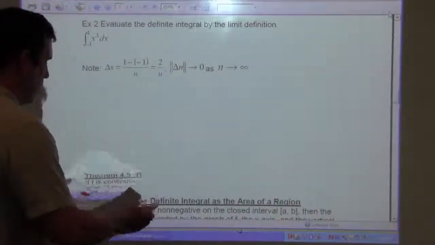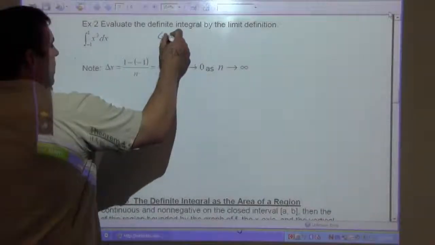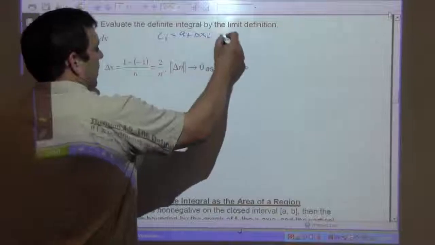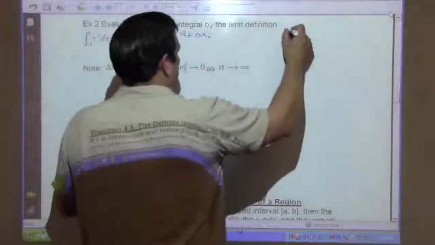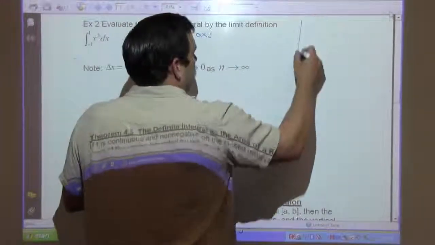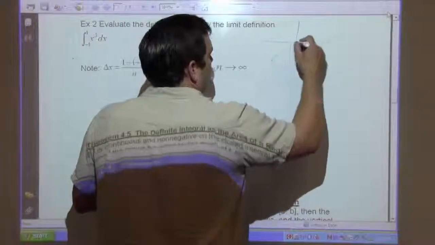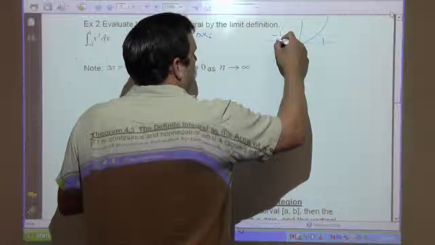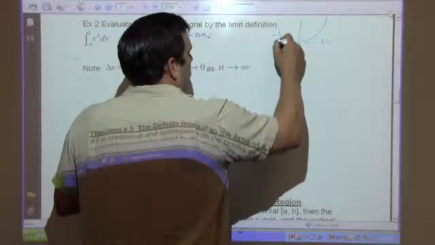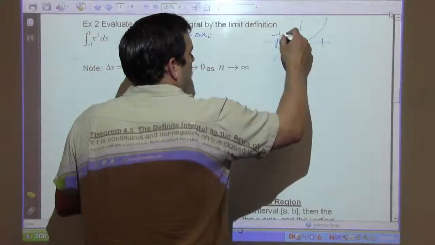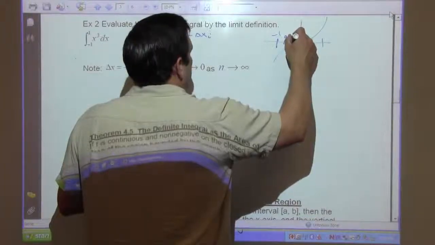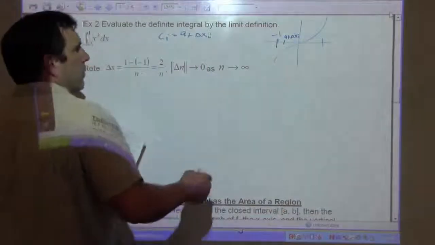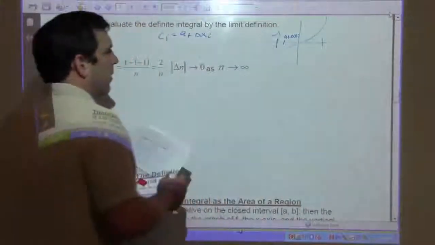So in this, ci is going to be a plus i delta x. If you just imagine, this is x cubed, we're doing this type of thing from -1 to 1. So here we are, a plus i delta x for any point in the interval.